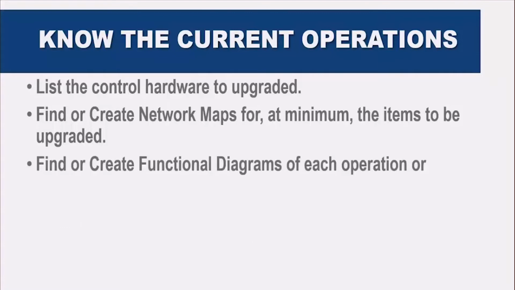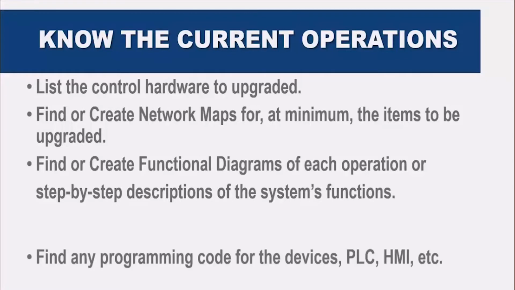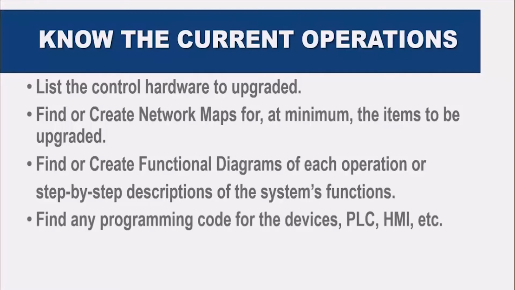Then it's a good idea to find or create a functional diagram, or simply have some text of step-by-step descriptions of the system functions. Then finally, find any of the programming code that you may have in the devices, whatever it is, HMI, PanelView Plus, umbrella control, PLCs, anything like that. All of these are good steps prior to ripping and replacing what you have.